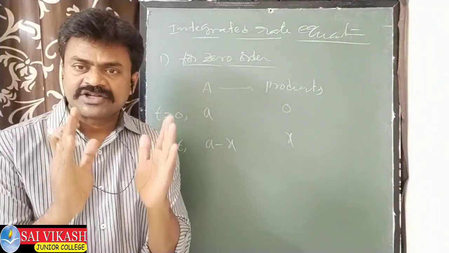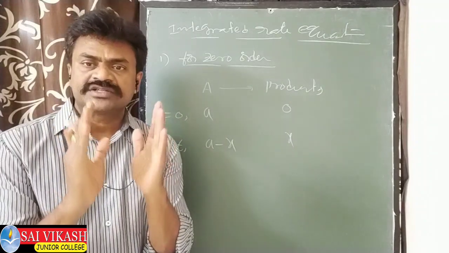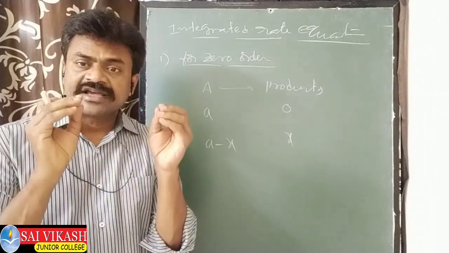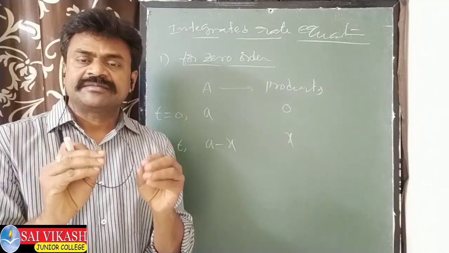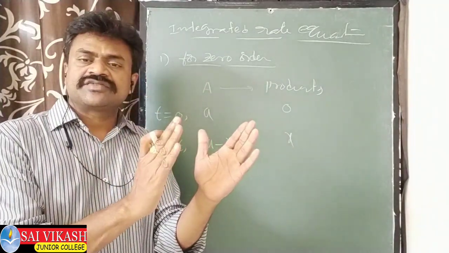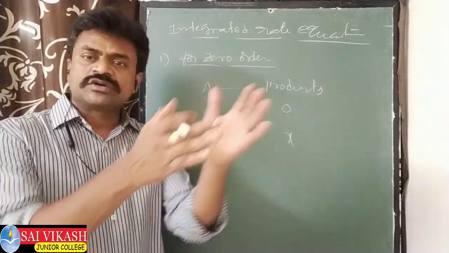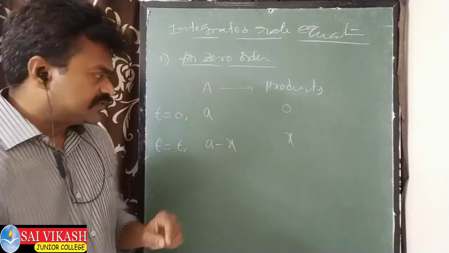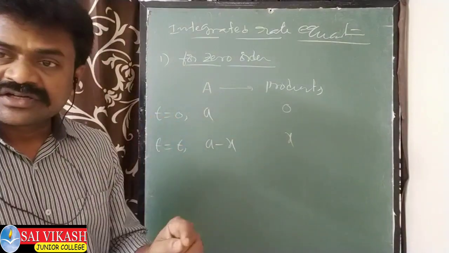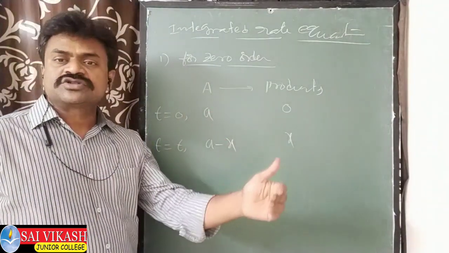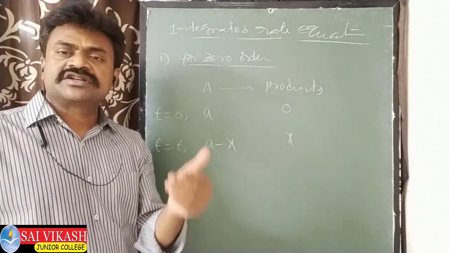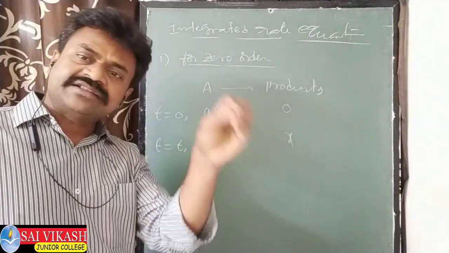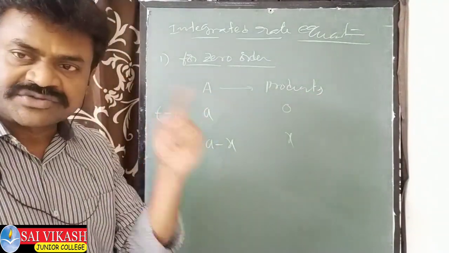It means at a particular time, if you want to find out the speed of the reaction at that particular time, it depends on whatever concentration of reactant is left. Means the rate of the reaction at a particular time is directly proportional to molar concentration of the reactant present at that time. Let us use this point now.